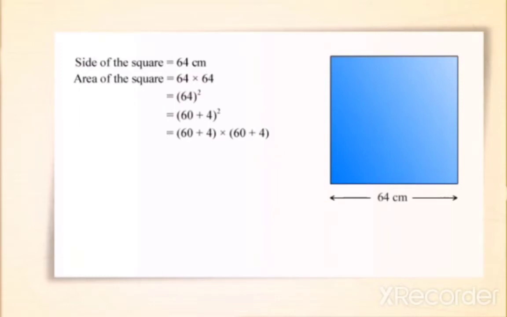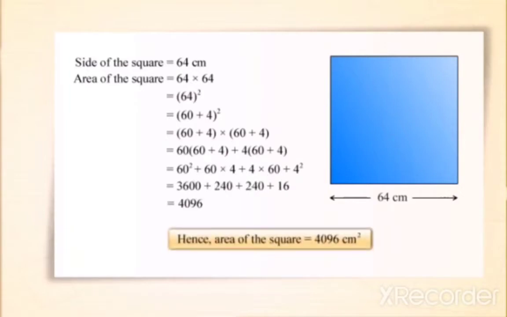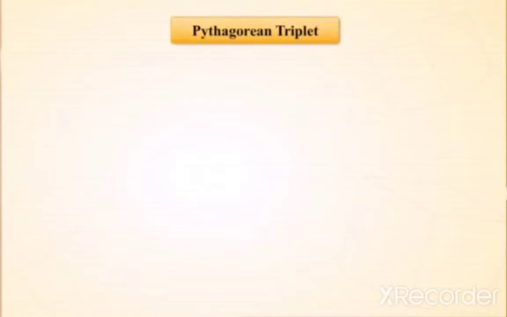This is equal to 60 into (60 plus 4) plus 4 into (60 plus 4), which, when simplified, is equal to 4096. Hence, the area of the square with each side 64 centimeters is equal to 4096 square centimeters.